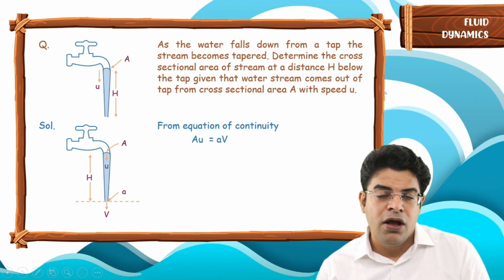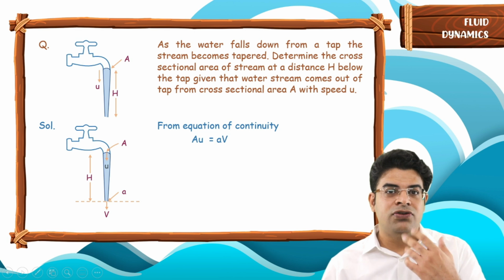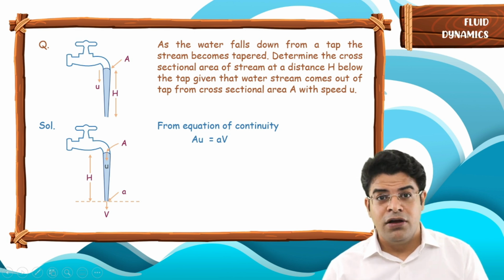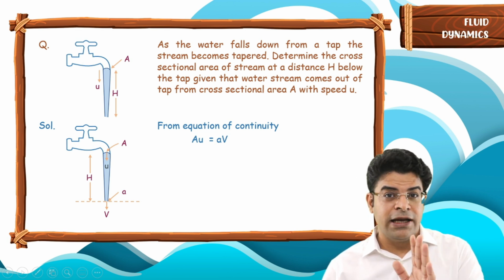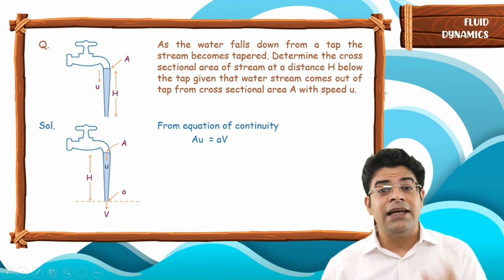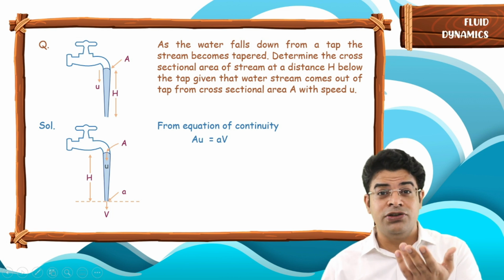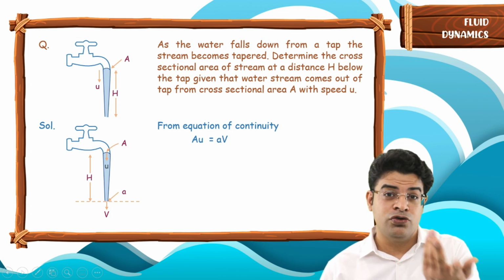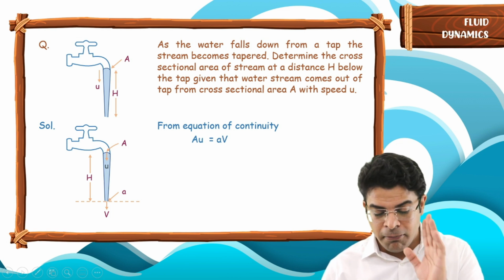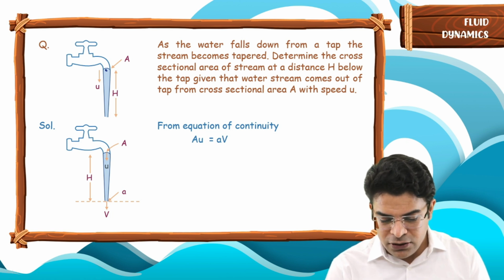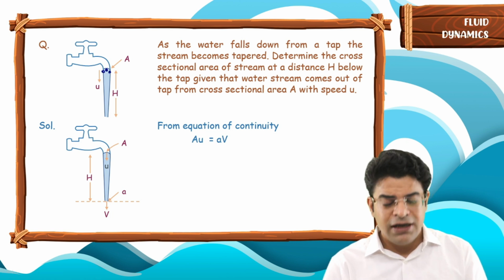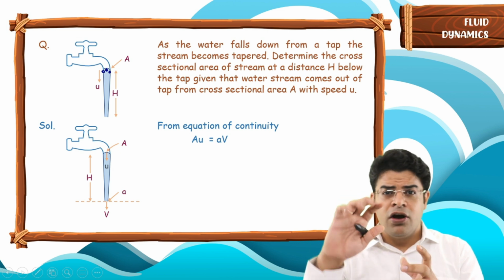Beta, when I was in class 11th and I saw this question for the first time, I did it by mistake without using Bernoulli. And then I realized, okay, in the type of questions which get asked from us, you do not have to apply Bernoulli in most of the cases. So what I did by mistake was, I thought that the fluid is falling, it's kind of free fall once coming out of the tap.